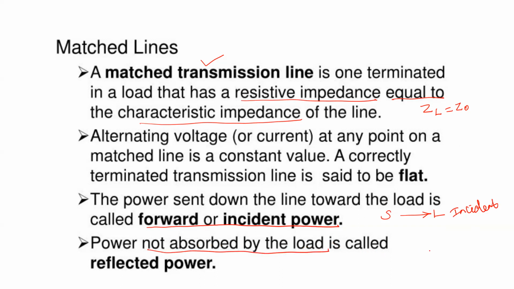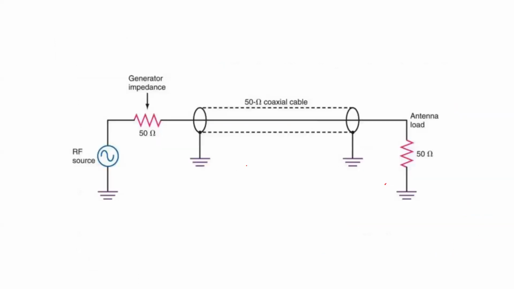This is the power which will be reflected back from the load towards the source. If ZL is not equal to Z0, complete power will not be absorbed by the load. Part of the power will be reflected back to the source, and this is called reflected power.